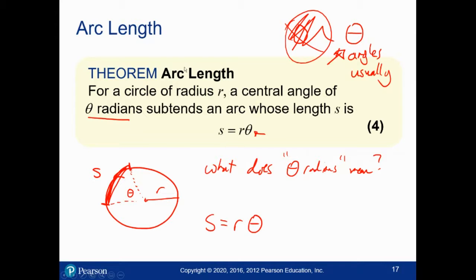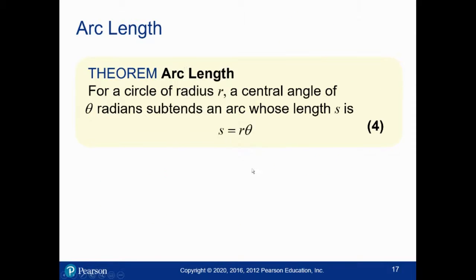Okay. So let me clear off the marks so I can talk about what I just said. Suppose you have a circle, its radius is r. Suppose you mark off a bit of this arc length, and using some technique, you manage to measure that this is exactly, well, let's even specify what the radius is. The radius is 3. And I measure off exactly 5 units of length on the circle.